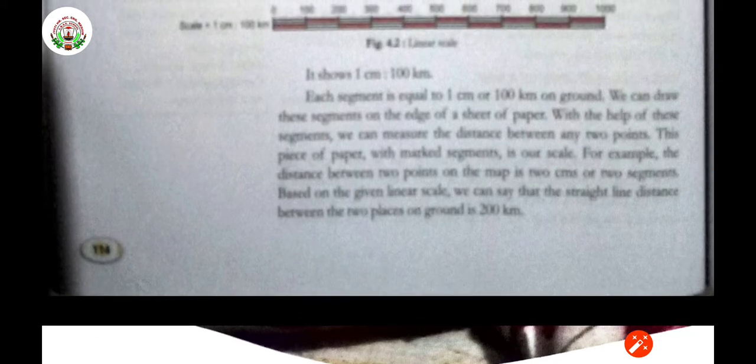For example, the distance between 2 points on the map is 2 centimeters, or 2 segments. Based on the linear scale, 1 segment is equal to 1 centimeter is equal to 100 kilometers. So 2 segments means 200 kilometers.